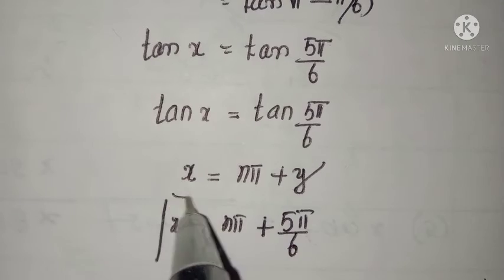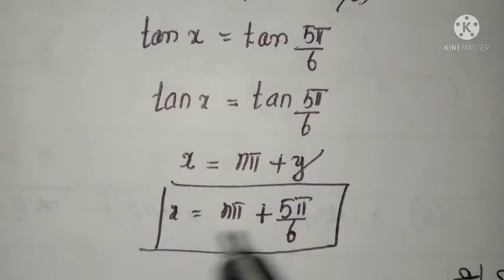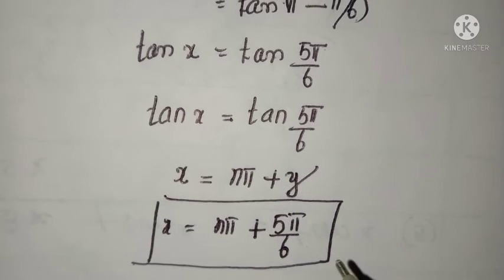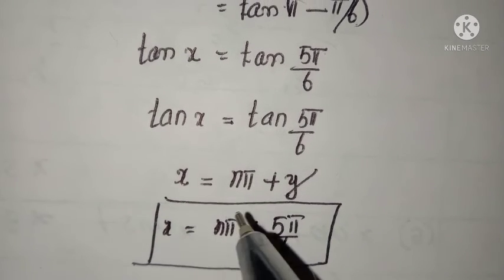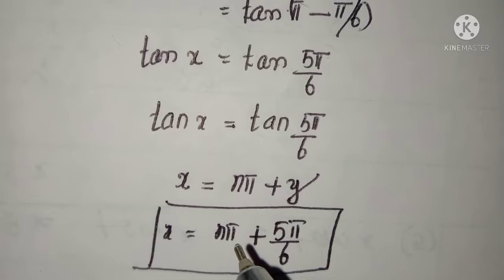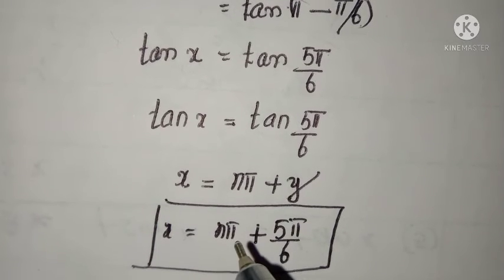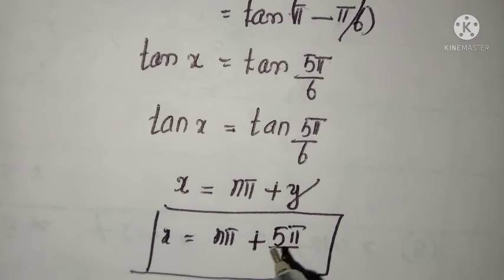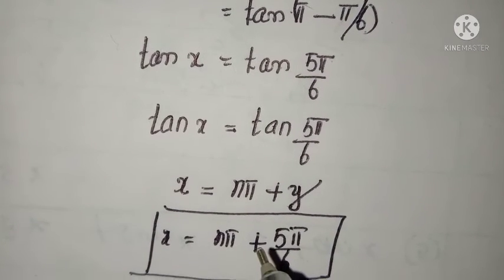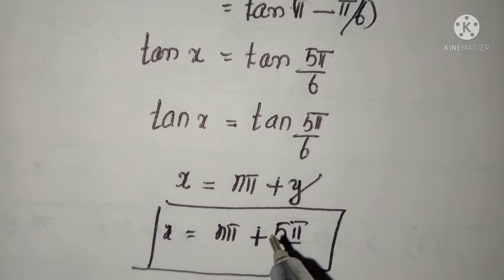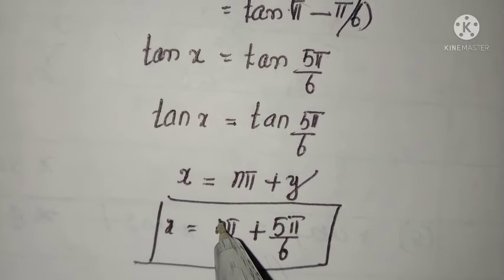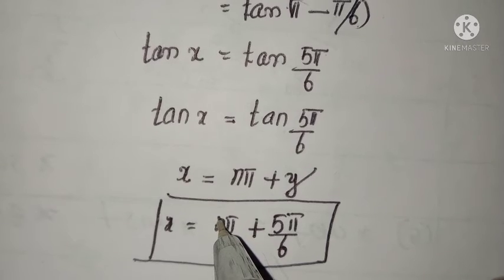This is our general solution. Listen, children, our question is to find the principal solution. First we found the general solution of the equation. Now from this general solution we can easily find the principal solution. How? By putting n equal to integers.